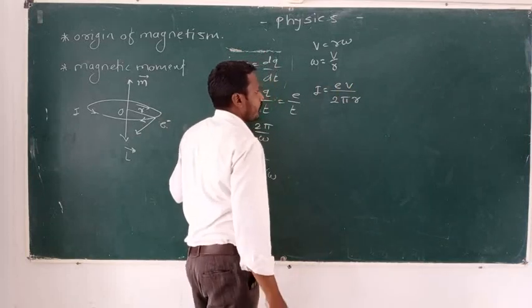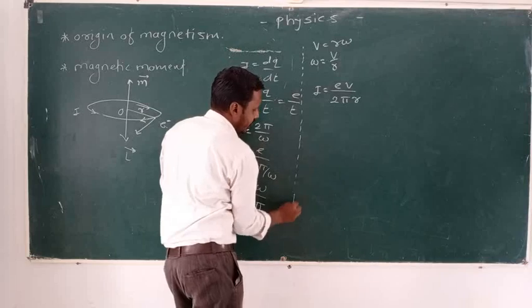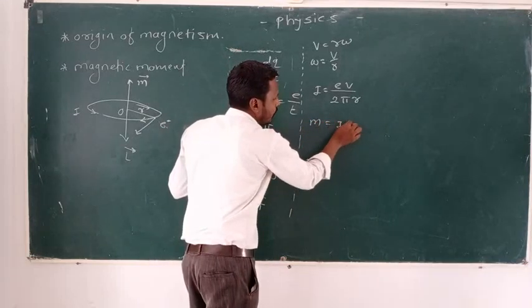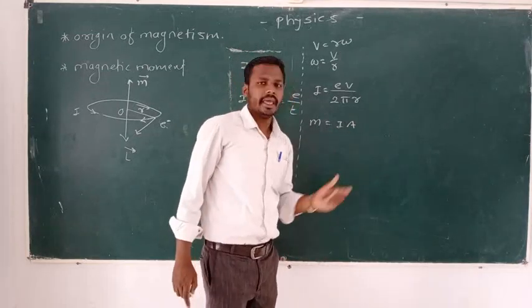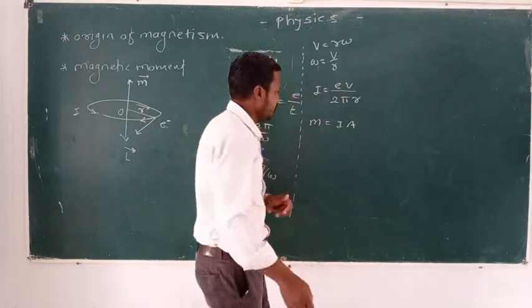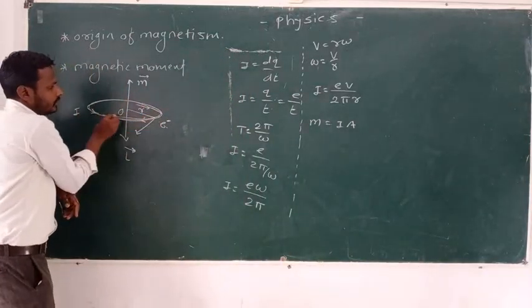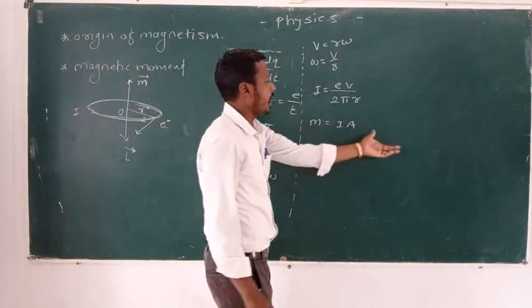Now next we know that for a current carrying loop, magnetic dipole moment M is equal to I into A. I means current and A means area of that loop. Considering that current carrying loop with radius r, area is equal to pi r square.